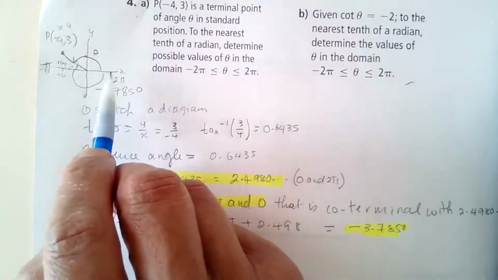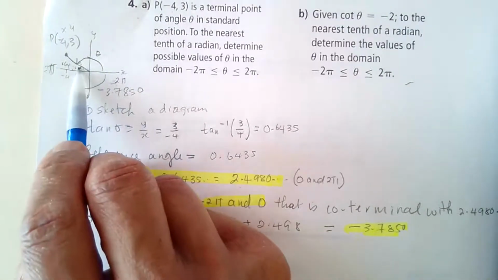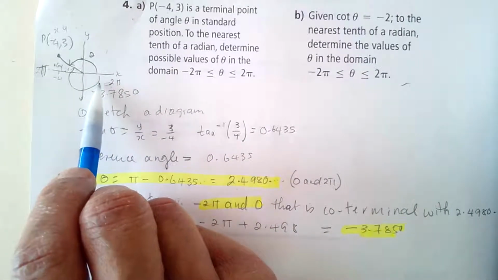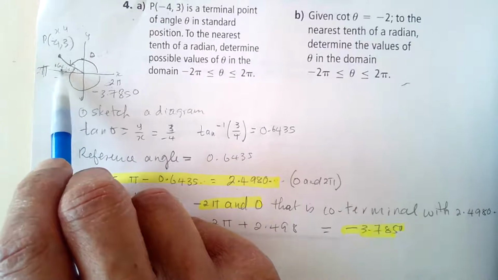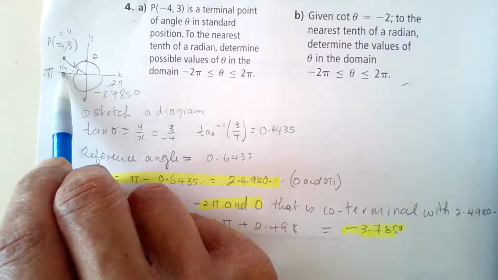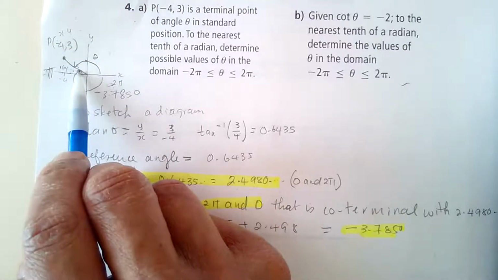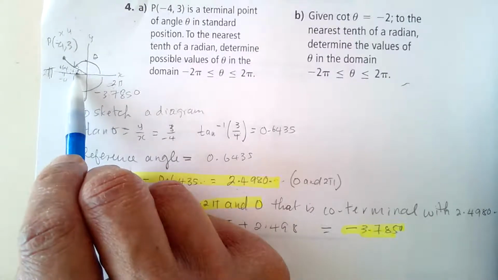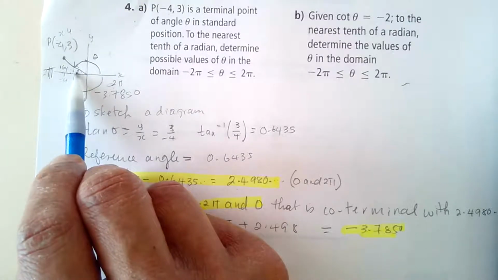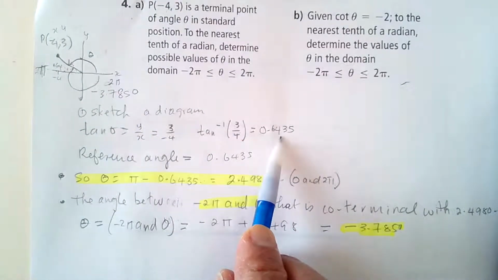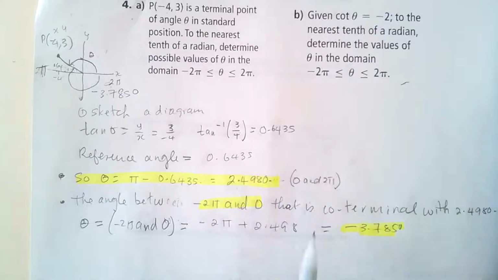One way of remembering this is that we're going in a negative angle, which is clockwise. Pi is approximately 3.14159, so you know the angle is greater than pi. It's really 3.14 plus 0.6435. It's another way of looking at it.